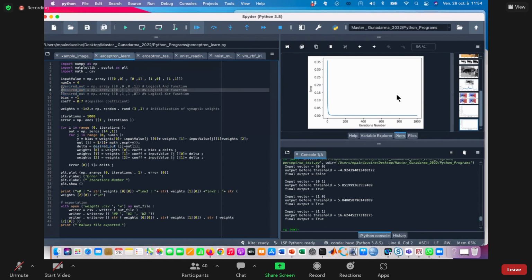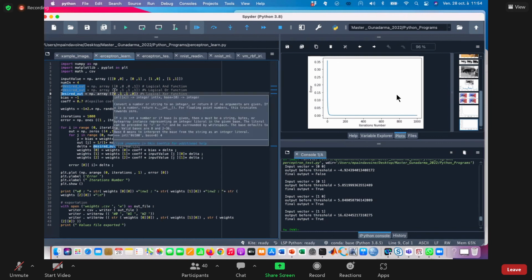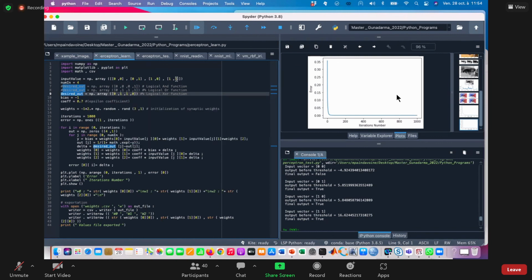Here, I would like to learn the XOR function. I remind you that for the XOR function, when we have 0, 0, the inputs are the same, so the output is 0. When I have 1, 1, the inputs are the same, so the output is 0. And when there is a difference, the output is 1, okay?